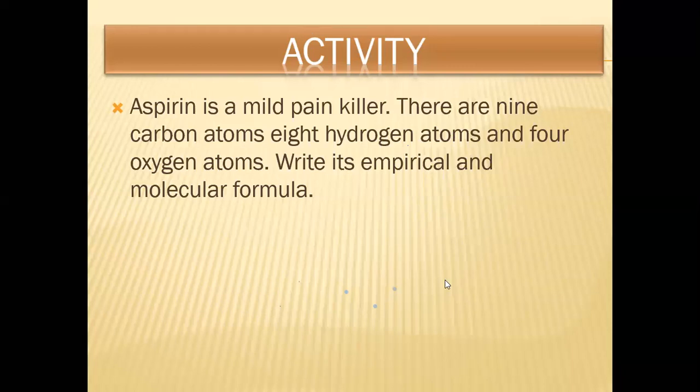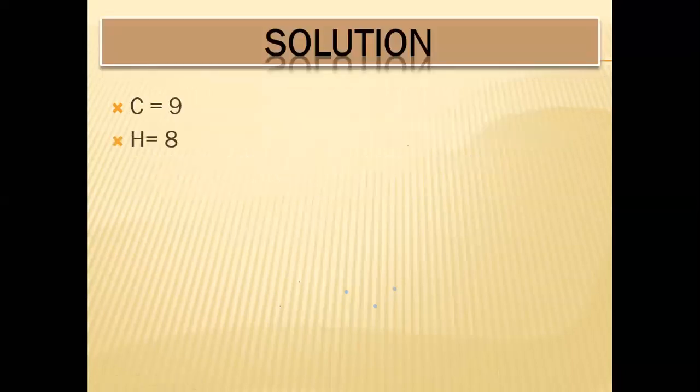Okay, let's see, Dua Zahra. Its ratio is, now carbon is 9, hydrogen is 8, and oxygen is 4. It means that you were exactly right and you gave a correct answer. Its ratio is 9 to 8 to 4.